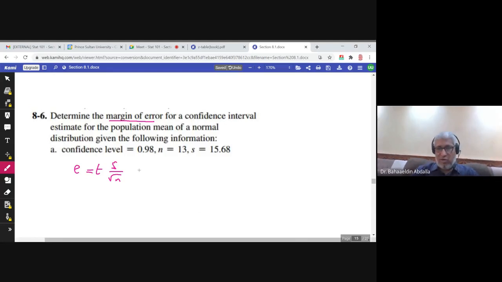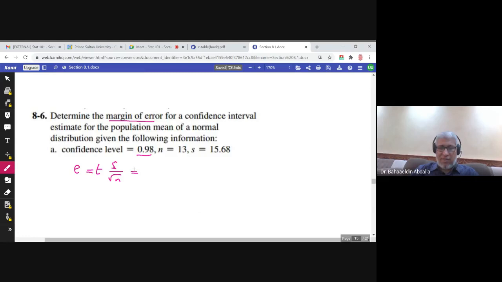That's the margin of error. So the degree of freedom is 12. You go to the table and find t, the confidence level is given, and s and n are here, so you can find the margin of error. So this question is about the margin of error.